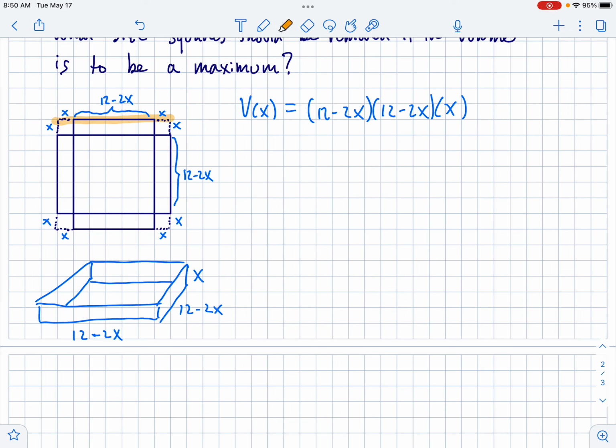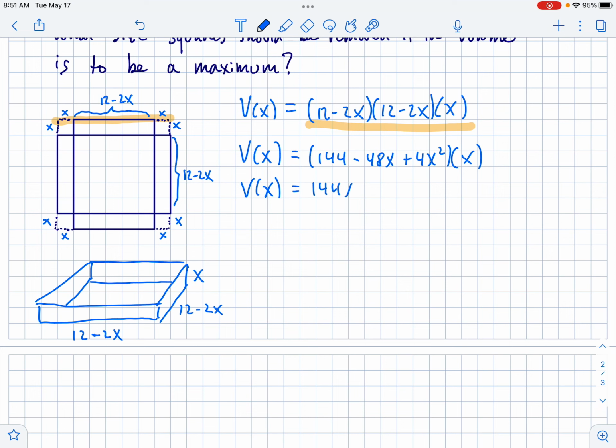The next step would be to take the derivative of this model, but we can't take the derivative when it's in this form. We have to multiply it all out before we can use the power rule. So if you FOIL the first two things, you get 144 minus 48x plus 4x squared, and that's still times x.